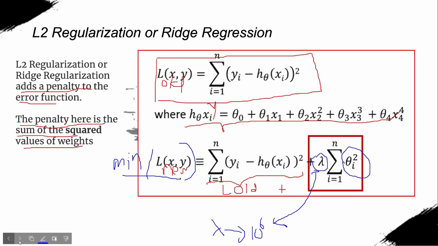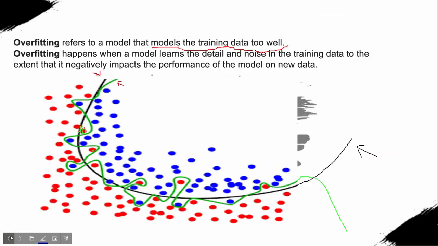Let me show you what I mean here. What was happening in this curve was that the black curve was the original curve and the green curve was actually straying from the original path of the black curve, right?